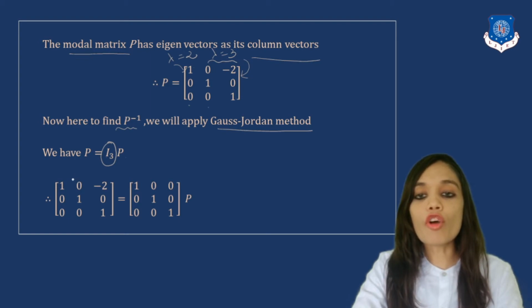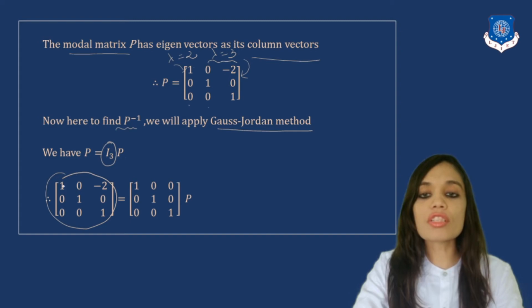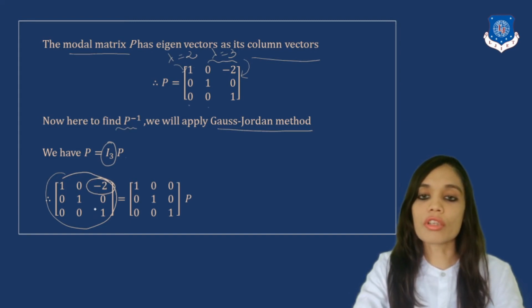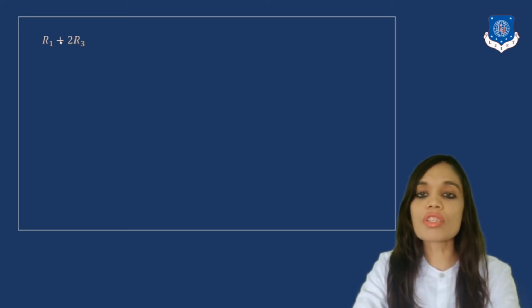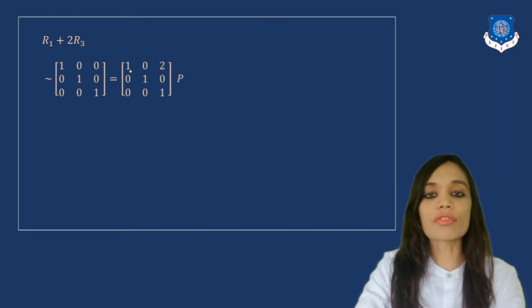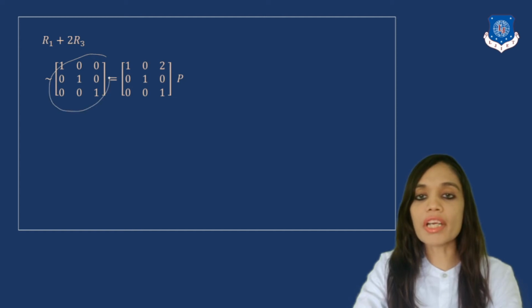Now to form the identity matrix here, we need just one operation: make 0 at this position. Which row operation will we use? R1 plus 2 R3. So you will get the first row as 1, 0, 0 and the next two rows will remain as they are. And here too you will get 1, 0, 2, and the last two rows will remain as they are.